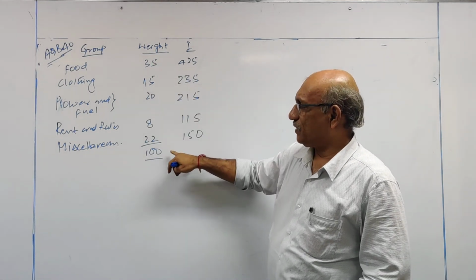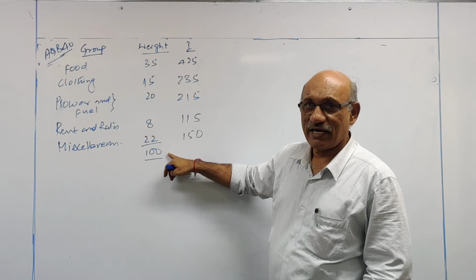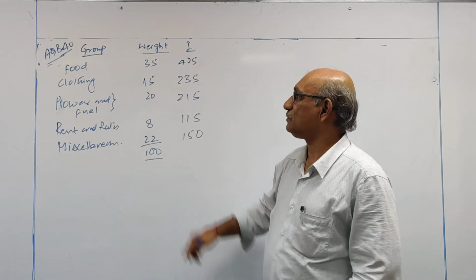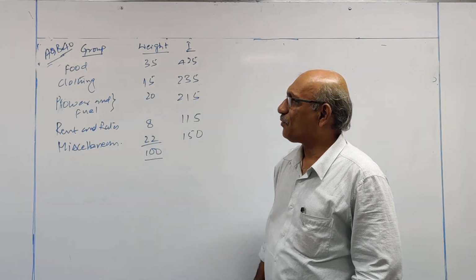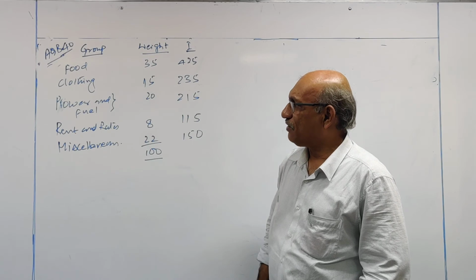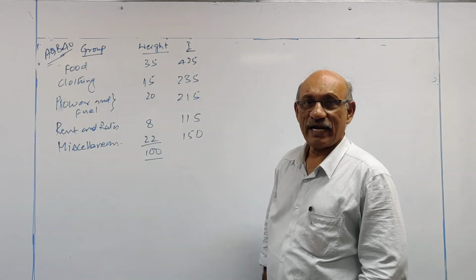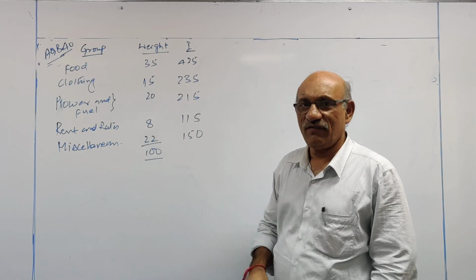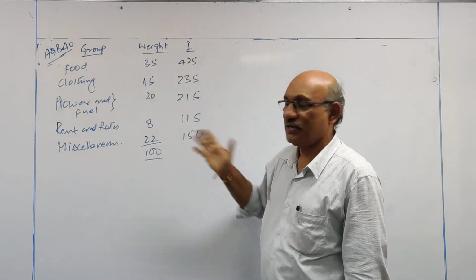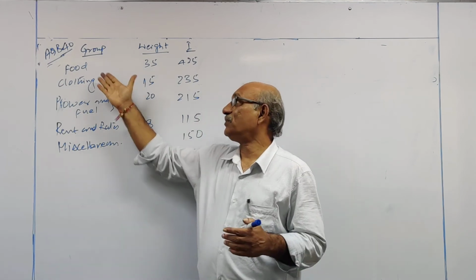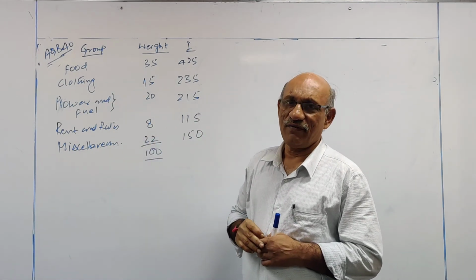What does it mean actually? When your earnings are 100 rupees, you want to spend 35 rupees on food, 15 rupees on clothing, 20 rupees on power and fuel, 8% on rent and rates, 22% miscellaneous, including saving. This way you have prepared a budget. What is the weightage you have given for the items this group is having?